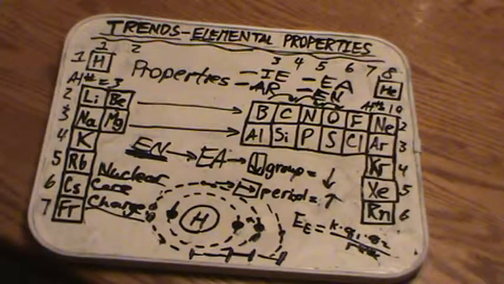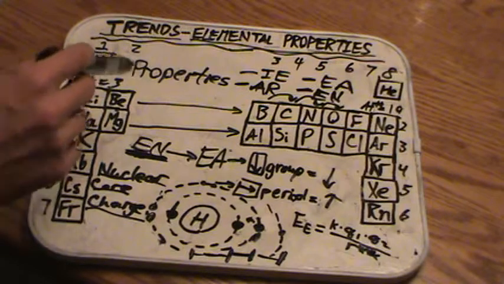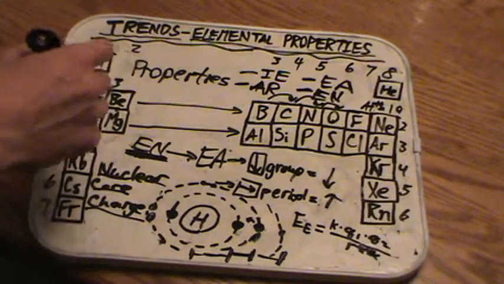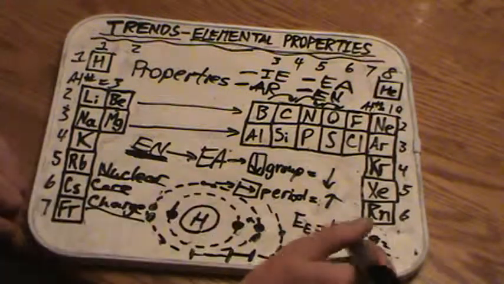Okay, and so we know that the attraction of the nucleus for the lithium atom will be greater for electrons that are entering, the possibility of bonding with them, because the radius is smaller.